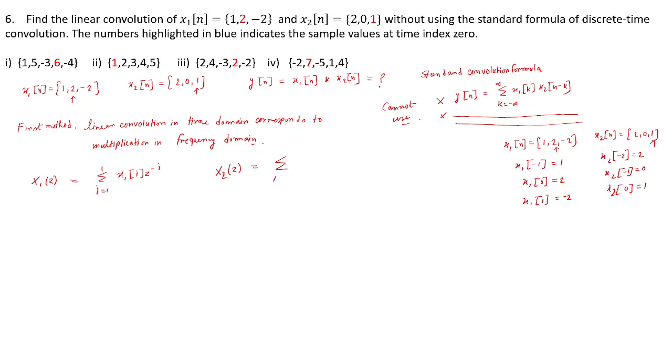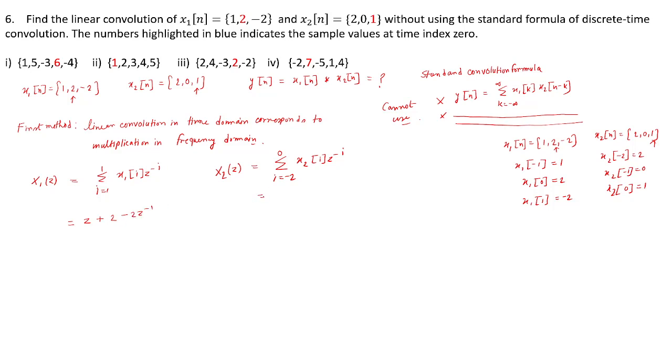So you have to be very careful. For x2 the range is -2 to 0, the sum of x2[i] z to the power -i. For x1 we have x1[-1] as 1, z to the power 1 is z, plus x1[0] is 2, plus x1[1] is -2, z inverse.